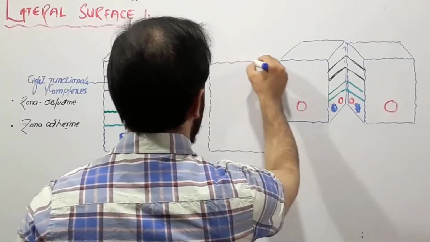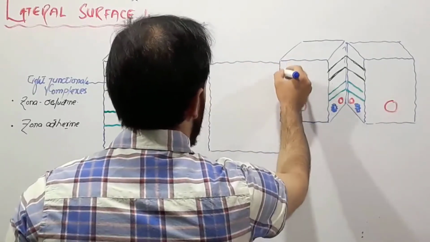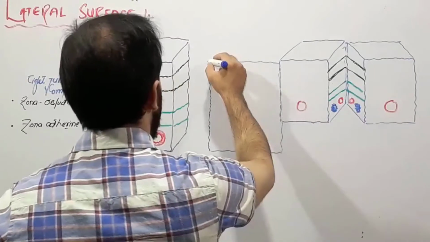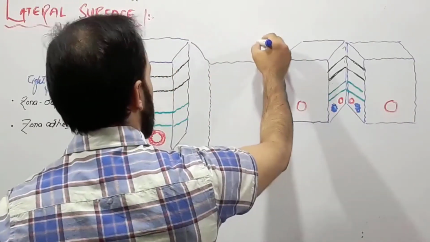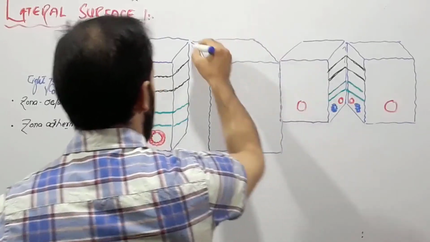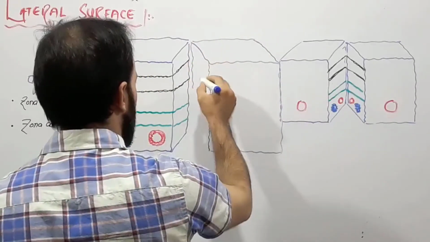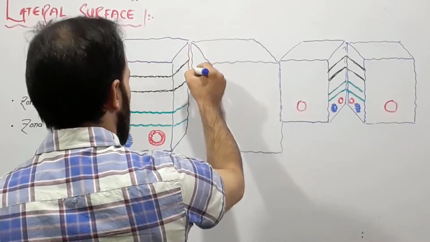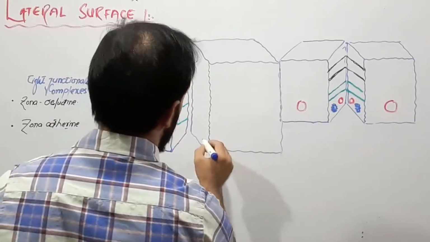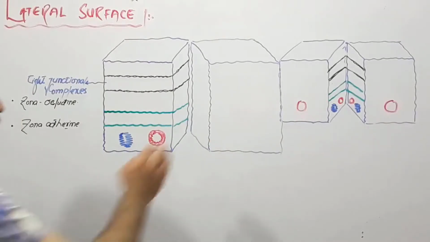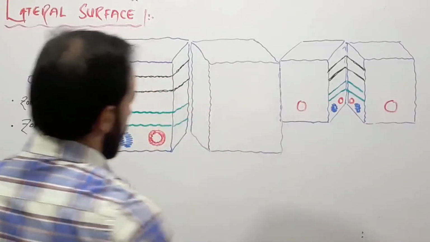This is a cell again, and this is a cell, the two cells, right? Like this. Done. So these are the two cells and these are the lateral sides.